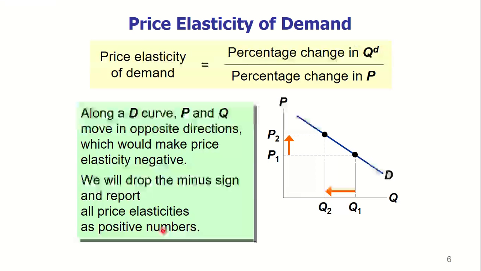Reporting price elasticities as positive numbers, it's really better to say absolute numbers, or you can say non-negative numbers. So whenever we are going to find the price elasticity, we will drop the minus sign and report all the price elasticities as positive numbers.